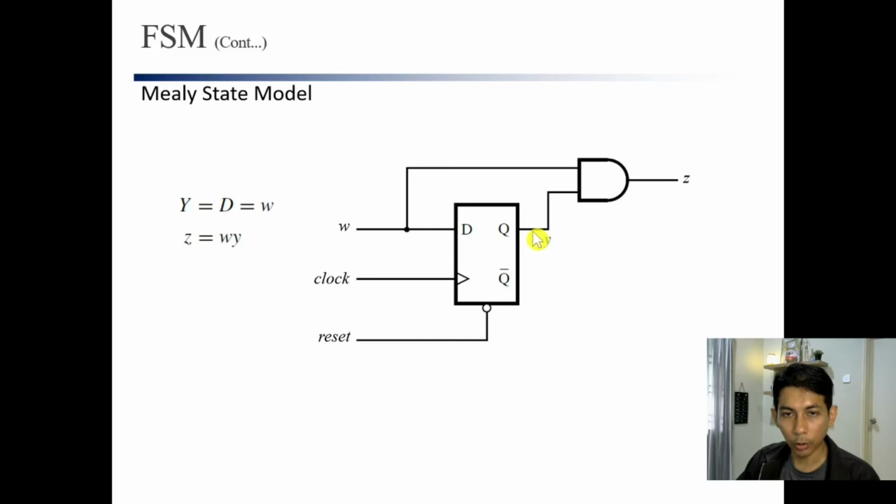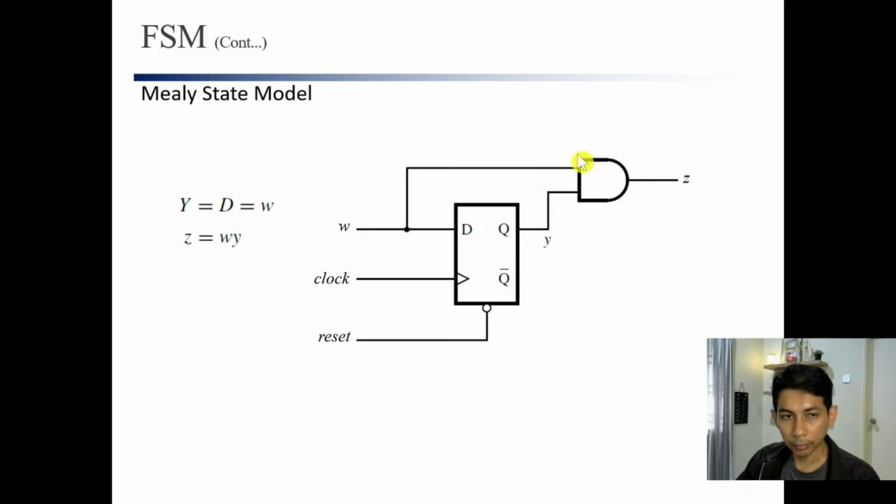So this is small y and this is w, Z. And you see here, the output depends on the present state of the finite state machine, and also depends on the input, which is w, exactly.